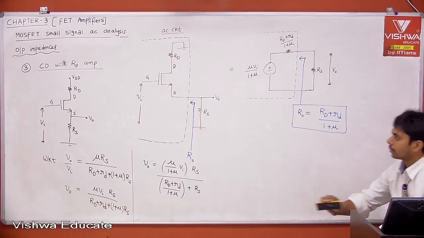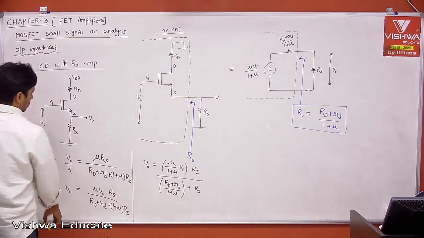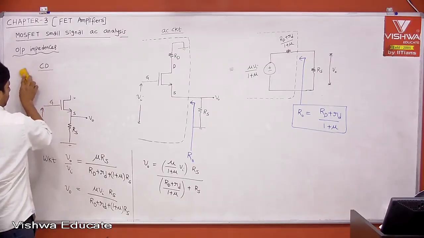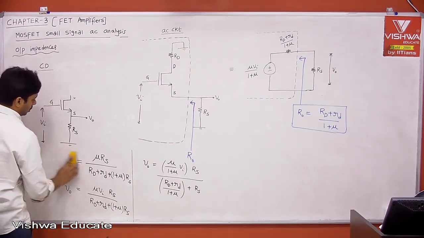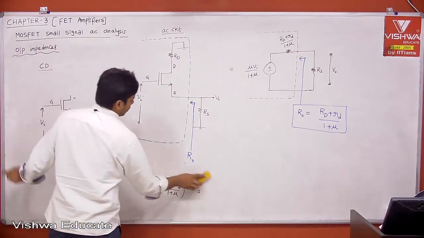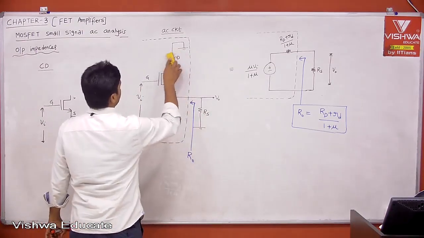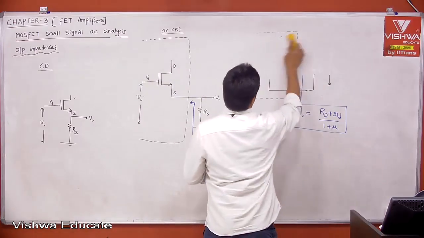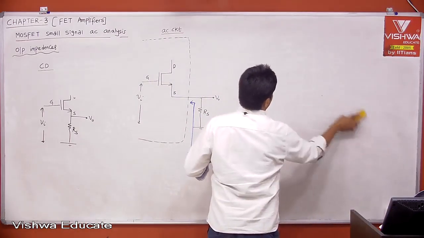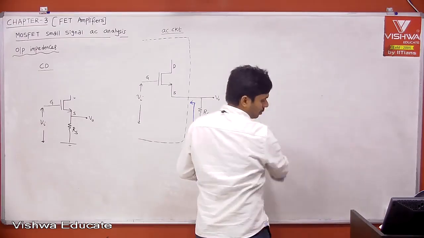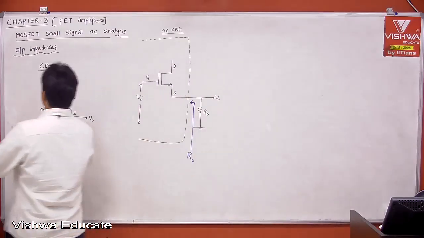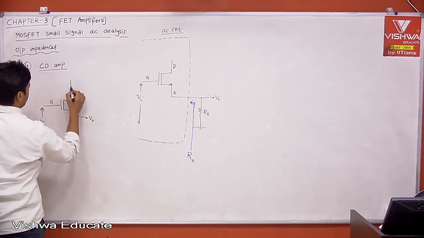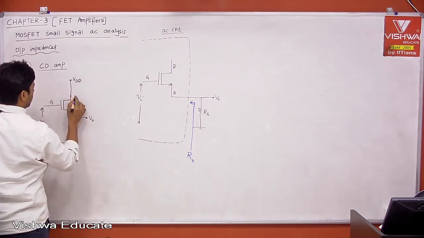Now the last one, the CD amplifier. This is VDD and this is the drain.